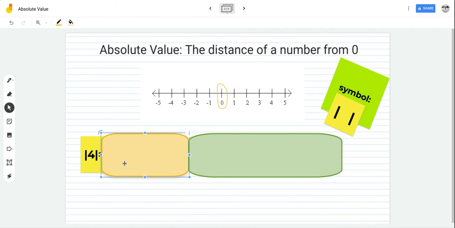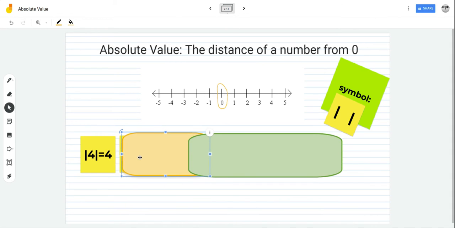So the absolute value of 4 equals 1, 2, 3, 4. 4 is 4 spaces from 0. So the absolute value of 4 is 4.